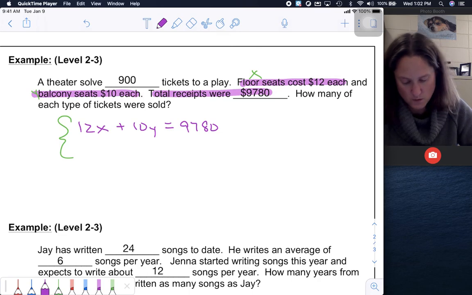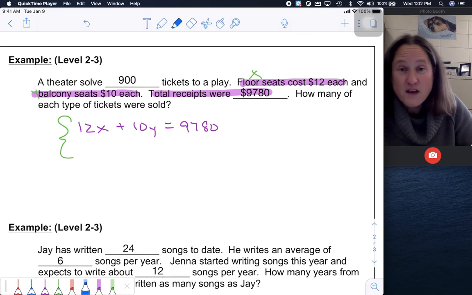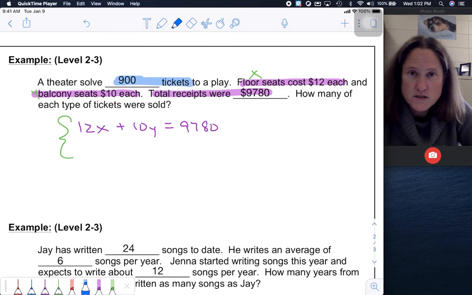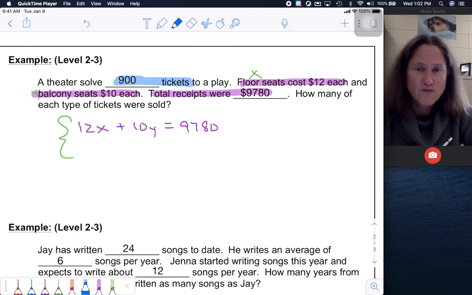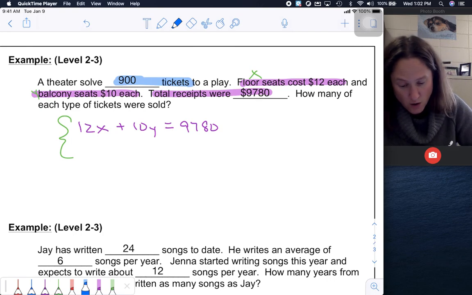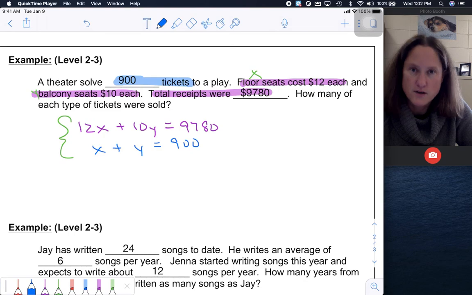So I kept the money for the floor seats with the money for the balcony seats and the total money. Okay? The other equation can come from that there were 900 tickets sold total. So I could sell 450 floor seats and 450 balcony seats, or I could sell 400 and 500. So total, the 2, when they are added together, has to be equal to 900.